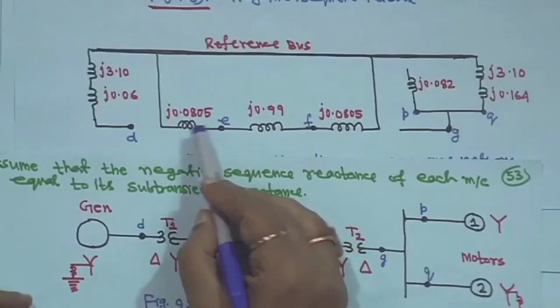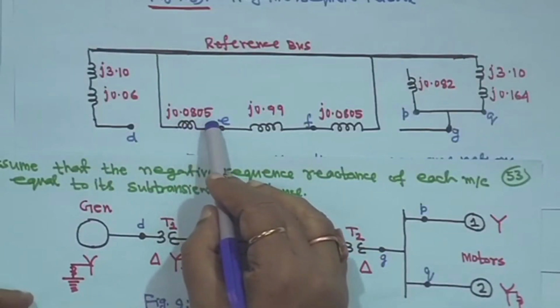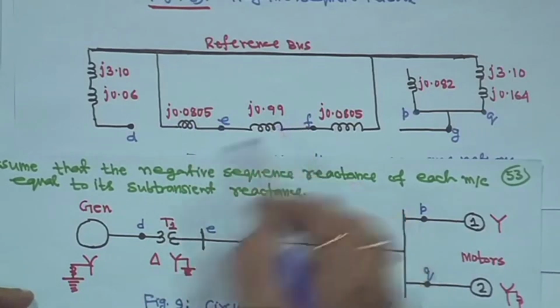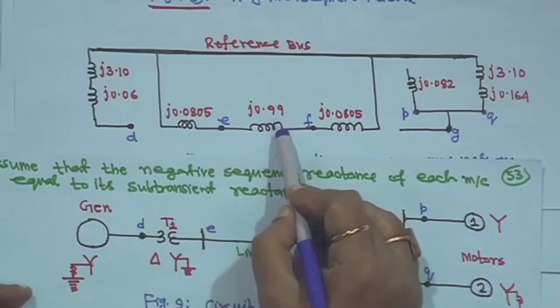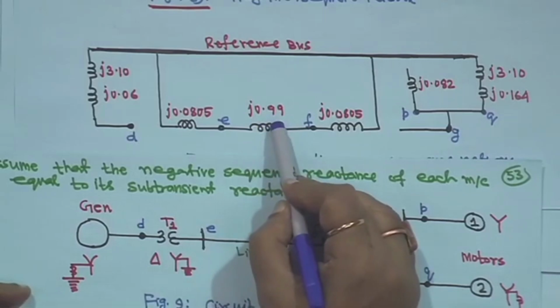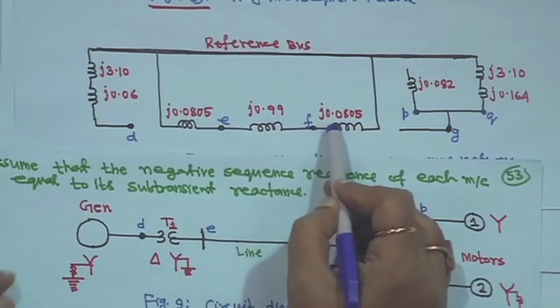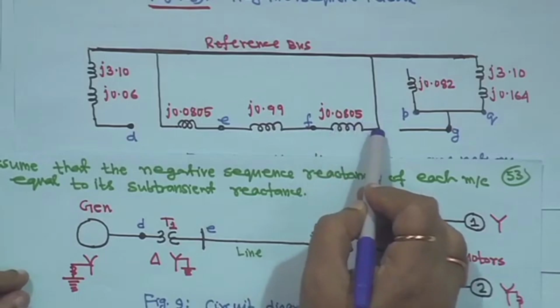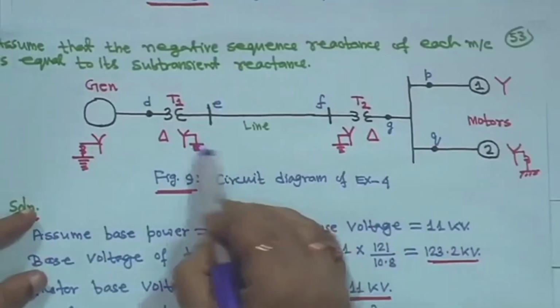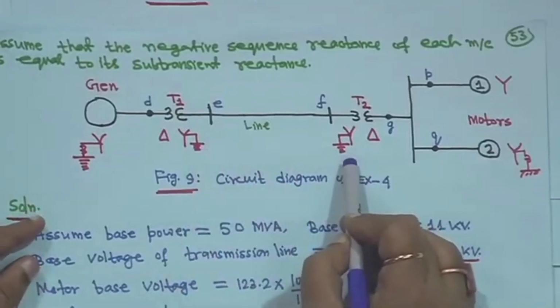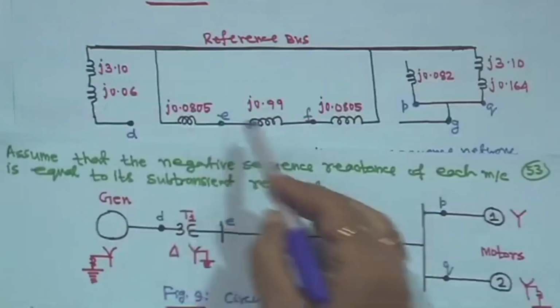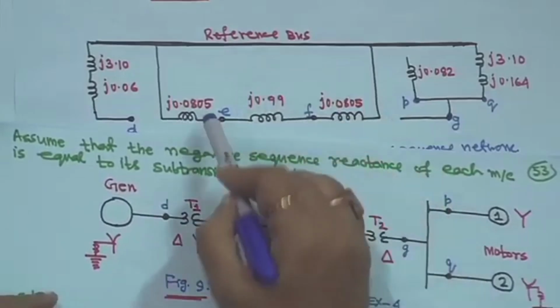In between, the transformer is j0.0805, then the zero sequence reactance of the line is j0.99, which we have computed, and this is j0.805 for the second transformer. This is closed because it is grounded, so a zero sequence current will flow through the line.